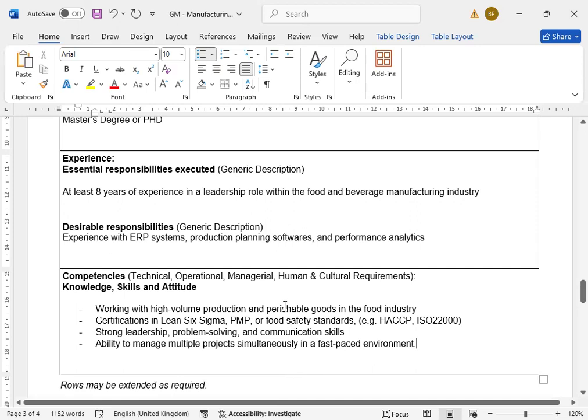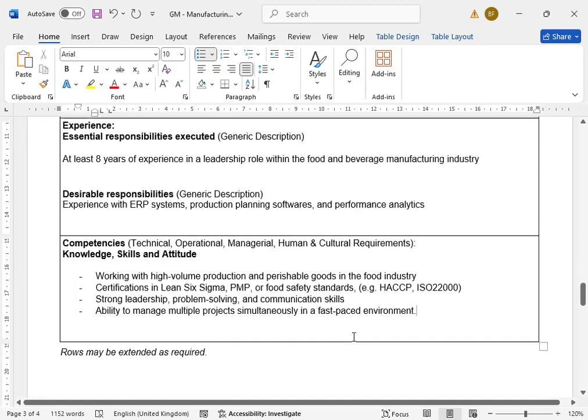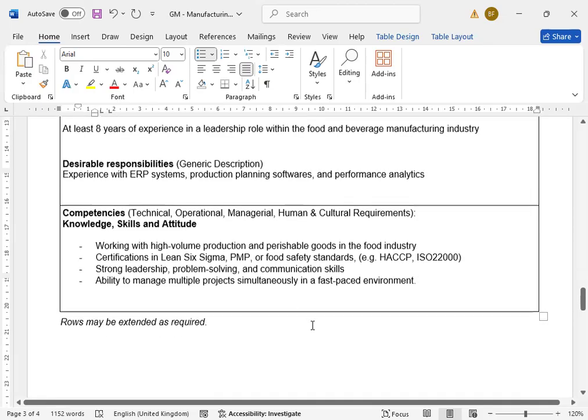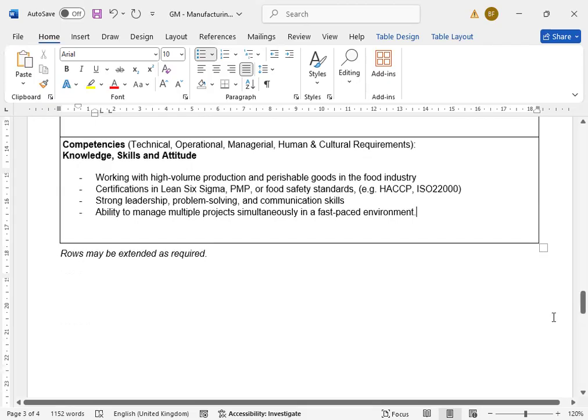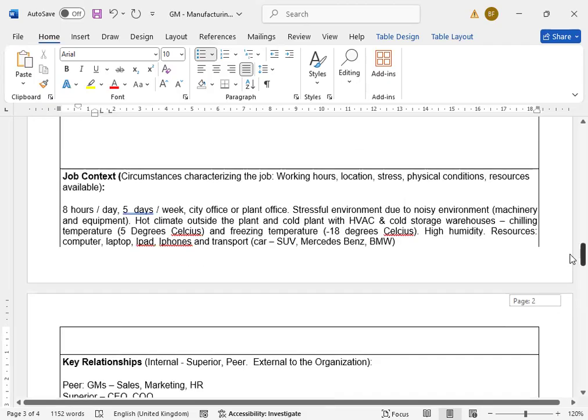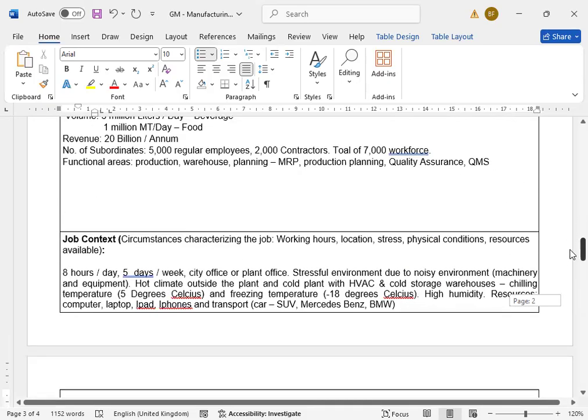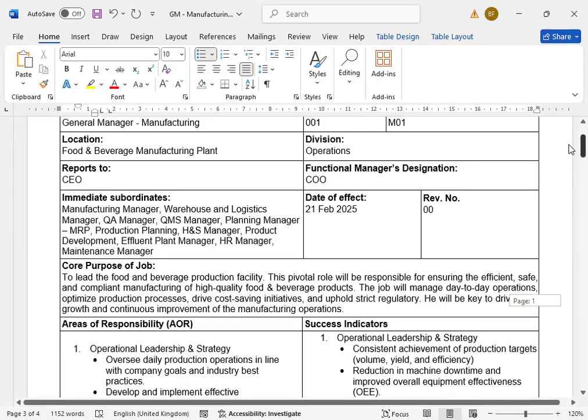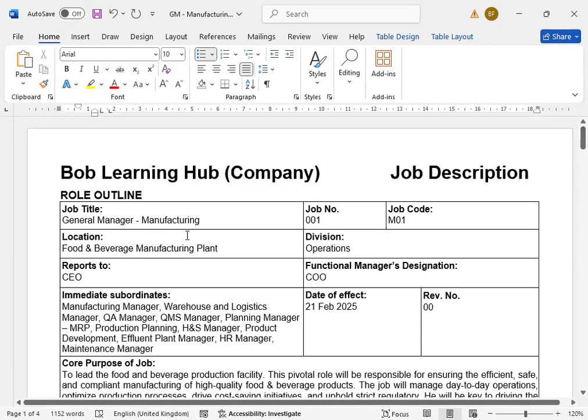Okay. That would be, I think, good enough. I think we'll be able to find this in the labor market, this role, general manager in manufacturing. Okay. And this is our job description. Now you can hire a new GM, general manager for manufacturing, food and beverage.